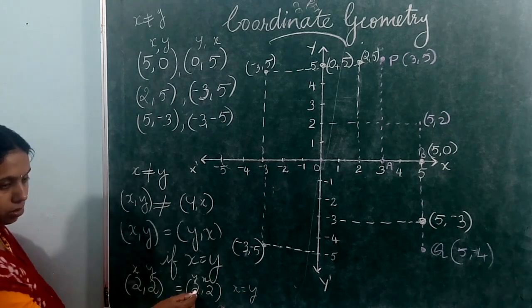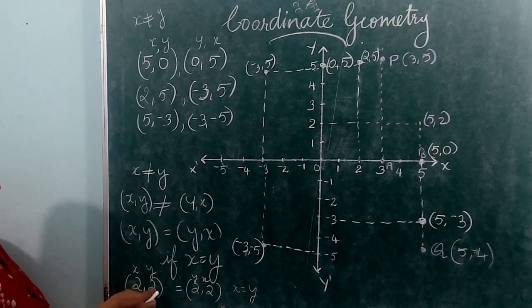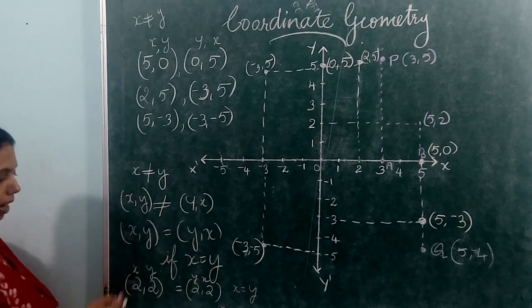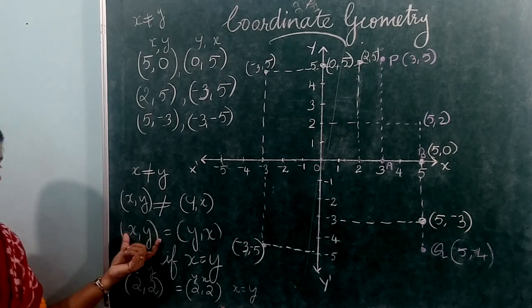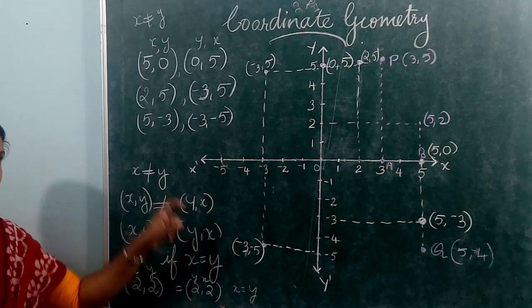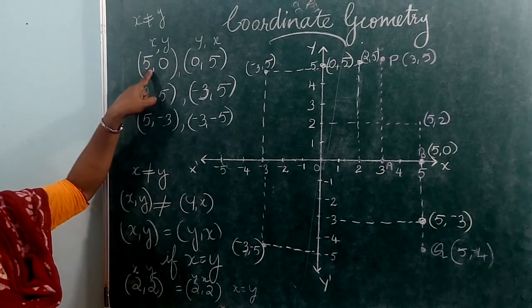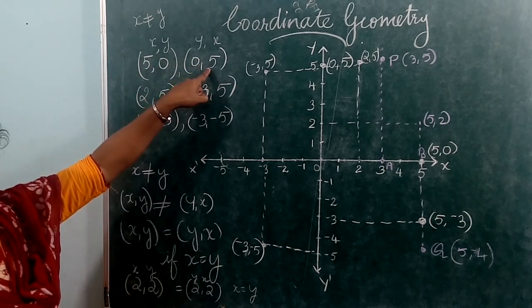Here the x coordinate is 2, and the y coordinate is also 2. If x is equal to y, then the ordered pair (x, y) is equal to (y, x). That means the position of (x, y) is the same as the position of (y, x) if x is equal to y. If x is not equal to y, then the position of (x, y) is not equal to the position of (y, x).